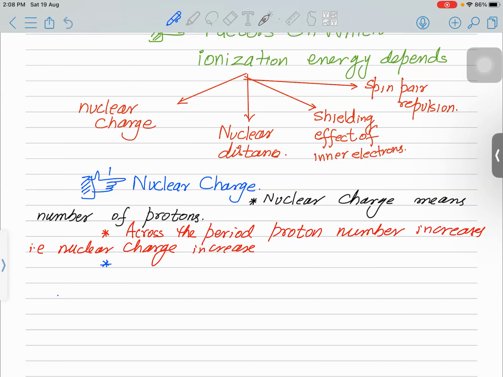If the nuclear charge increases, the nuclear attraction will also increase, because there is more charge and so more attraction. Very good. So across the period, nuclear attraction increases.